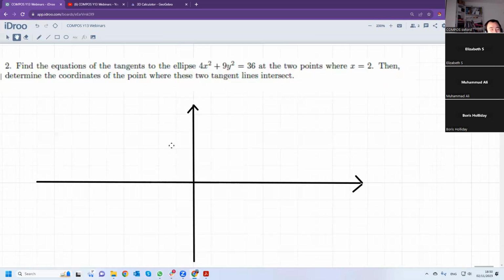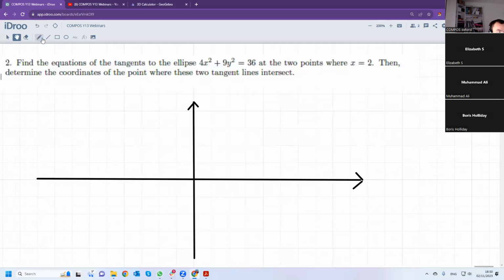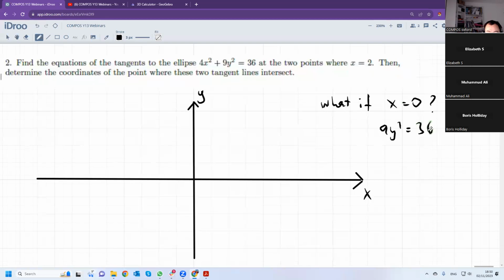I reached for Desmos, but no, I'm not going to use Desmos. I'm going to draw the ellipse by myself. So this is x and this is y. I just ask myself, what happens if x equals 0? Well, if x equals 0, then 9y squared equals 36.